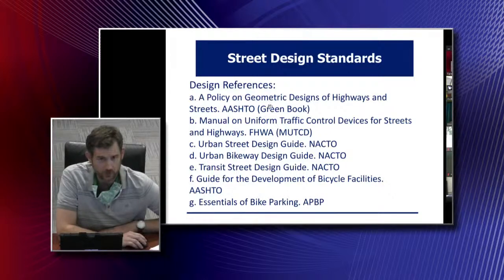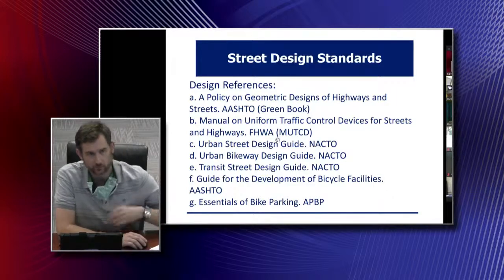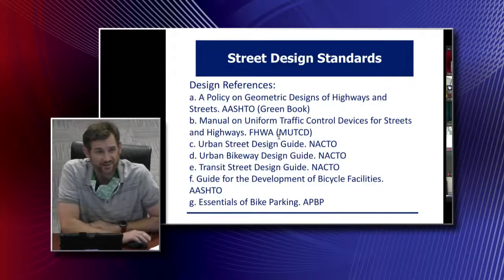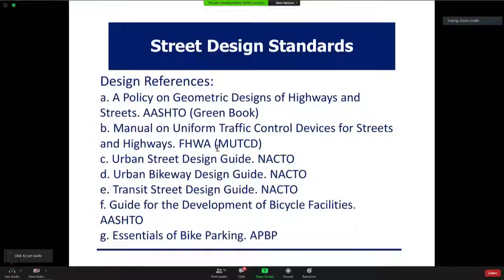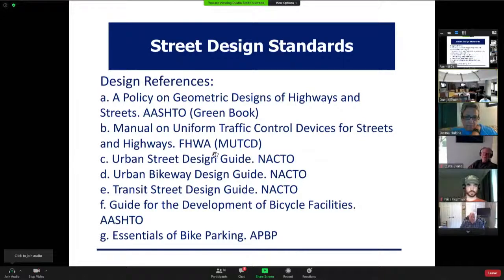I think we've talked about the MUTCD before, but that's geared towards traffic control devices, signage and pavement markings. In the last decade or so, NACTO, the National Association of City Transportation Officials, I think is what that acronym stands for, has published some design guides for urban street, bikeway and transit design that we've referenced from time to time. A lot of the information in there is more of a conceptual nature and not into the technical design details, but there's good guidance in there.